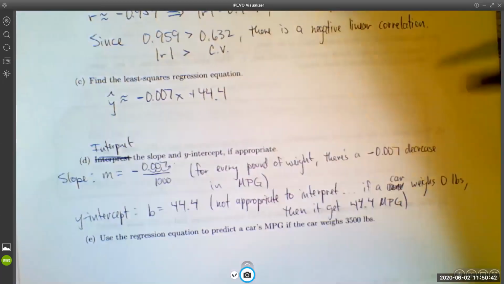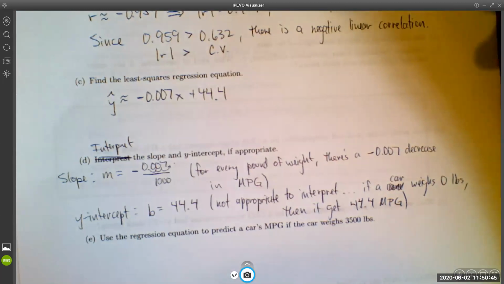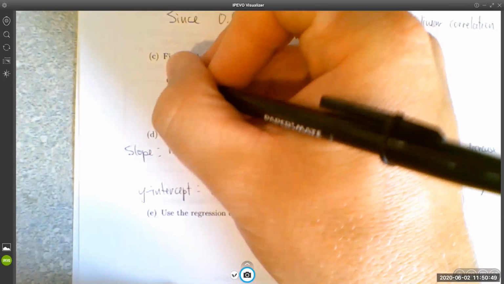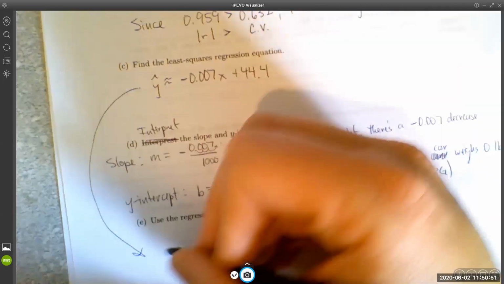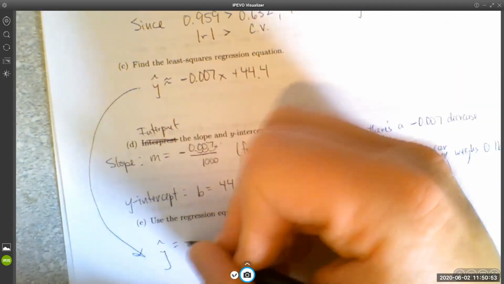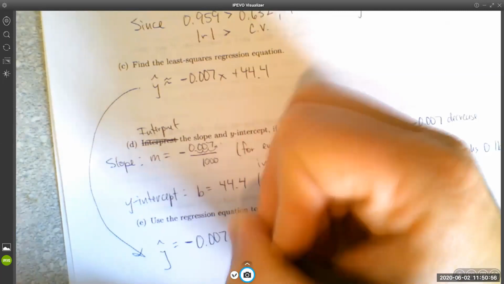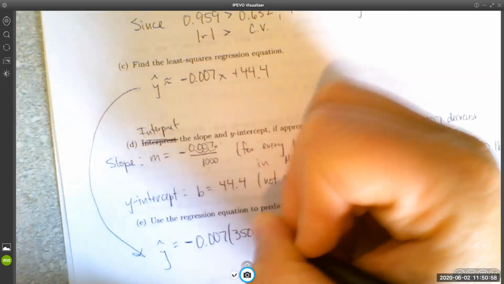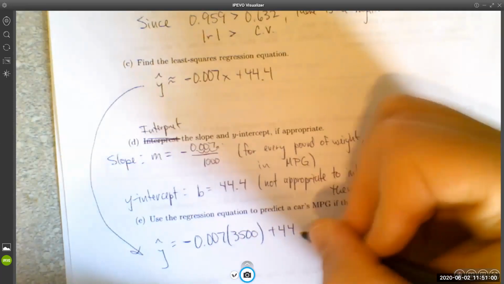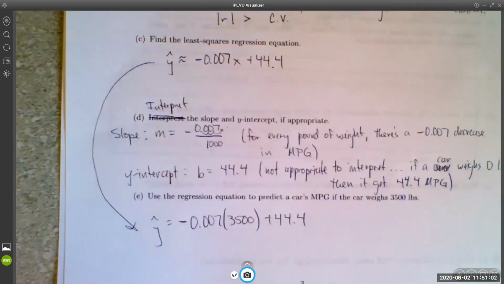Okay, and then part E says, use the regression equation to predict a car's miles per gallon if the car weighs 3,500 pounds. So again, we're going to use this regression equation from part C. If the car weighs 3,500 pounds, how many miles per gallon does it get? Let's see.